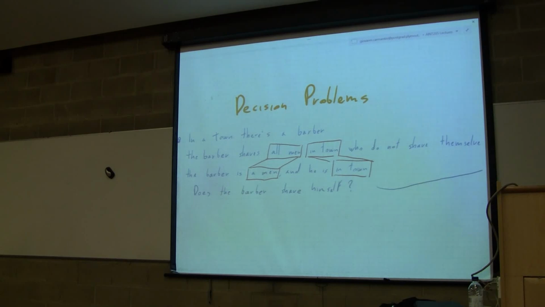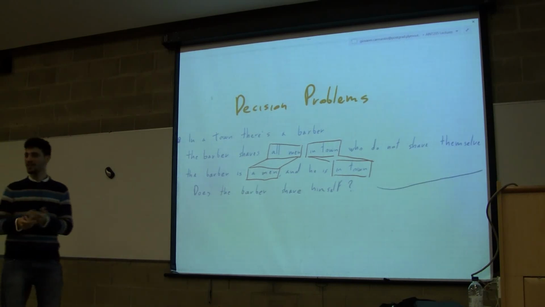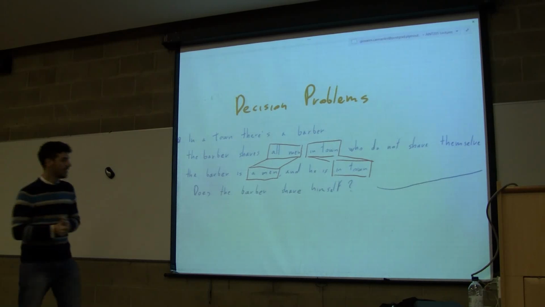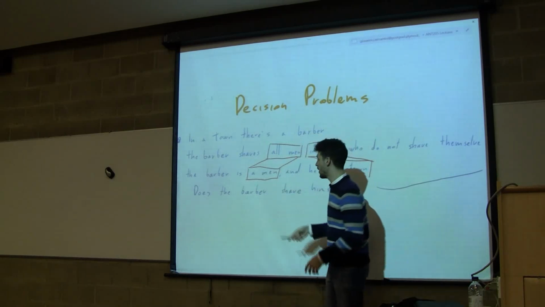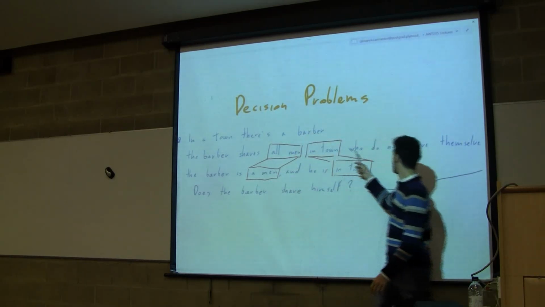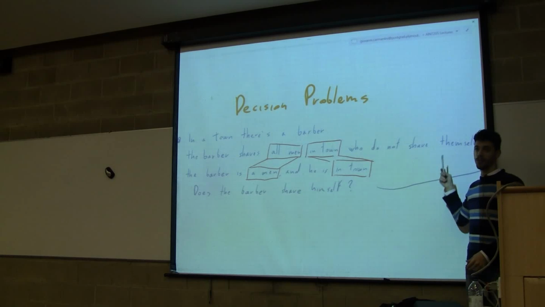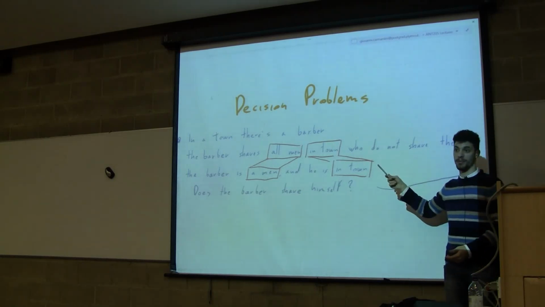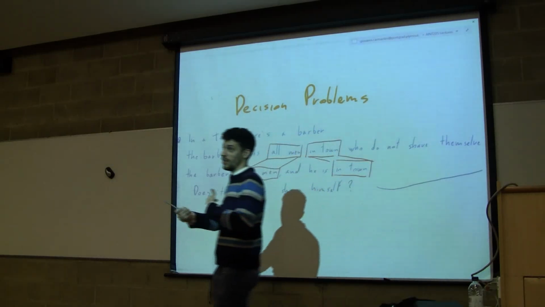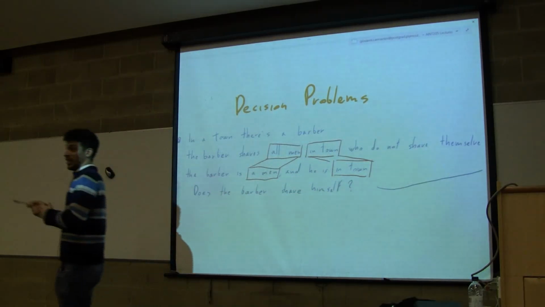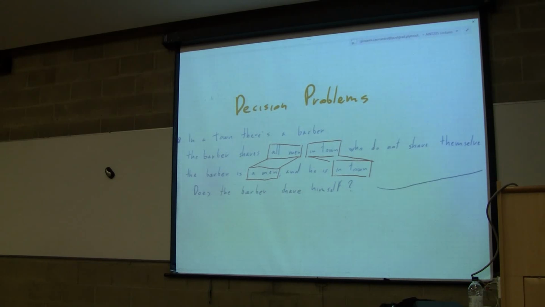No? Well, if the barber doesn't shave himself, then he is a man in town who doesn't shave himself, so he should shave himself. And of course, if he does shave himself, he shouldn't. Okay? So he doesn't. And that's circular.